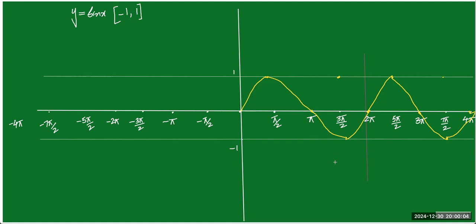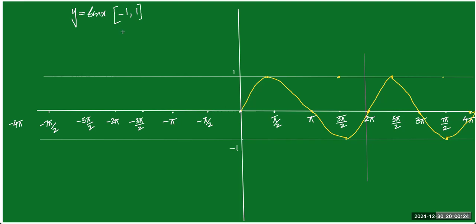This trigonometric function sin x will be repeated after 2 pi. The value of sin x repeats after an interval of 2 pi. It is important. And this way also you can draw the same thing on the left hand side as on the right hand side.